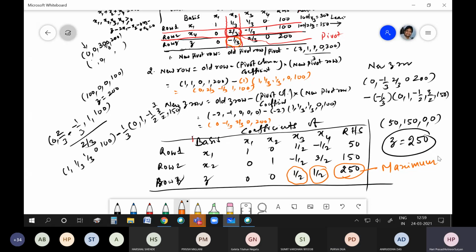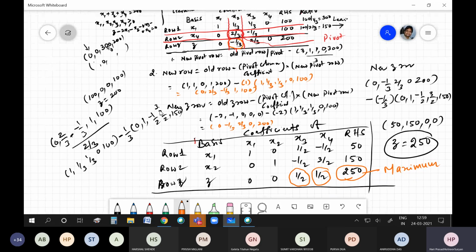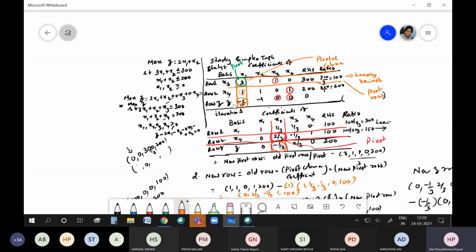So if you can understand this, what we do here is you have to remember these two formulas. One is that each of the basic variables will have a coefficient 1 in one of the constraints, and in the rest you will have 0.